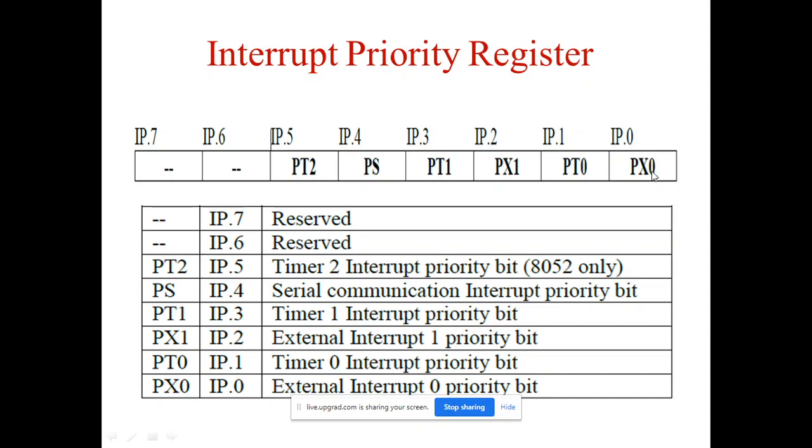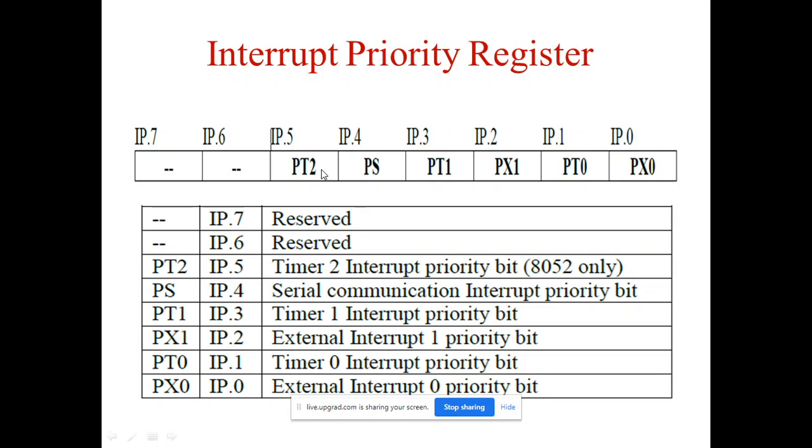Bit number 0 is dedicated to external interrupt 0, that is INT 0. Next, bit number 1 is dedicated to timer 0. Next, the second bit is dedicated to external interrupt 1. Third bit is dedicated to timer 1. Fourth bit is dedicated to serial communication. And the fifth bit is for timer 2.